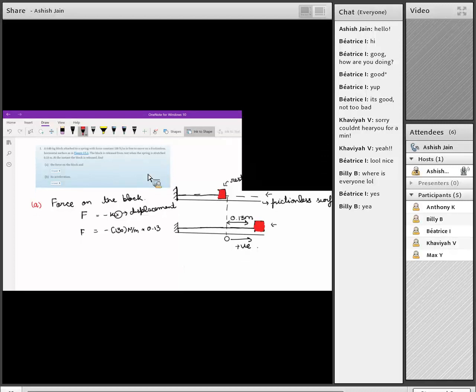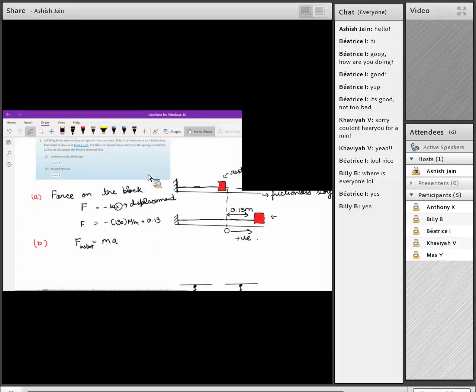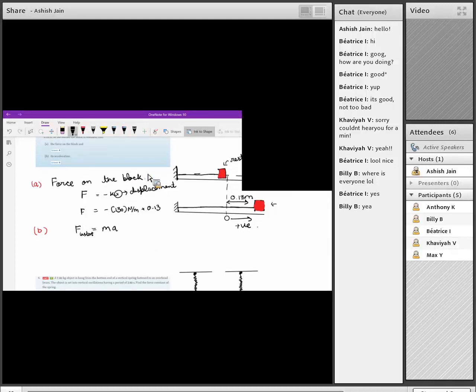Okay, B part. It's acceleration. So acceleration at that moment is given by force as ma. At that instant, you have force. Put the value there.